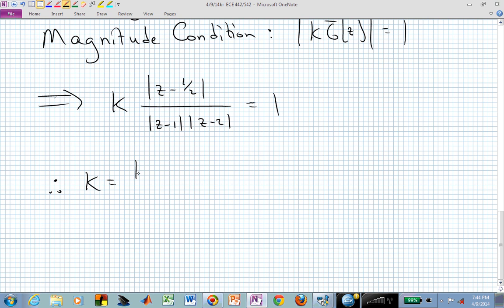And we now have k is going to be the magnitude of the pole factors divided by the magnitude of the zero factors. If we actually had some additional gain up here, let's say gamma, then that would have to occur there in the expression for the gain k in our root locus sketching process.